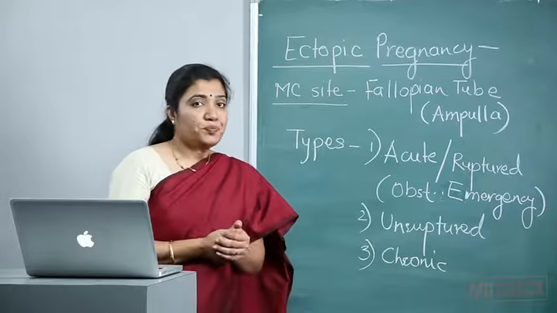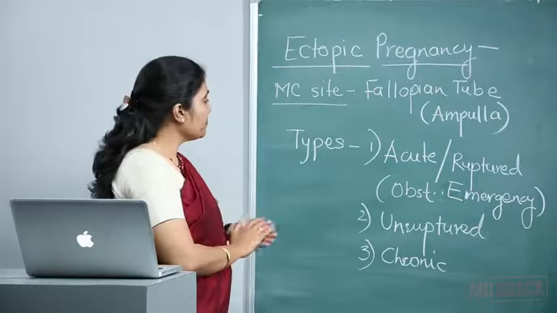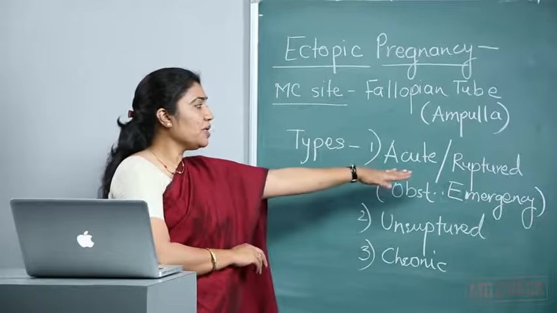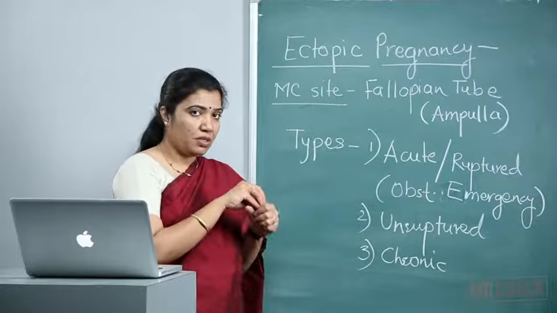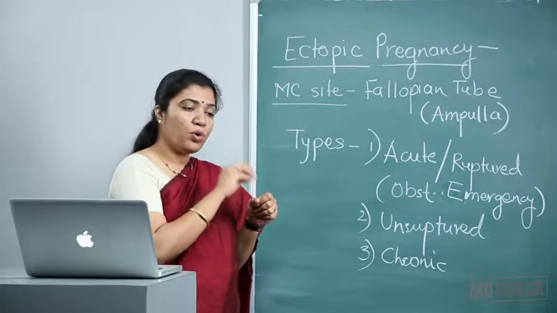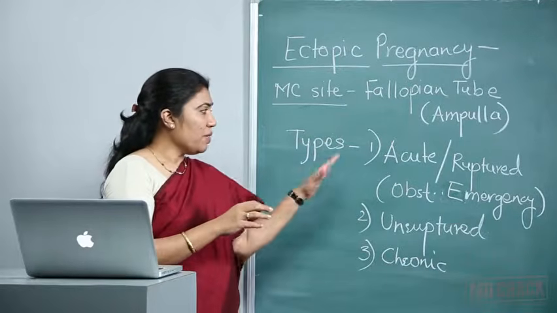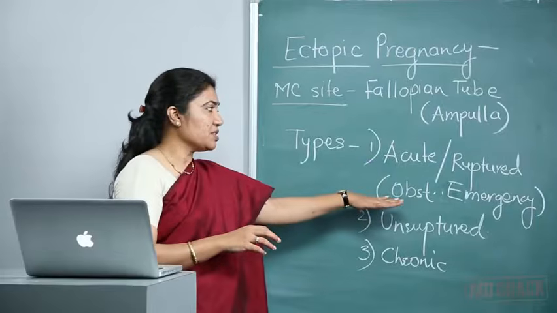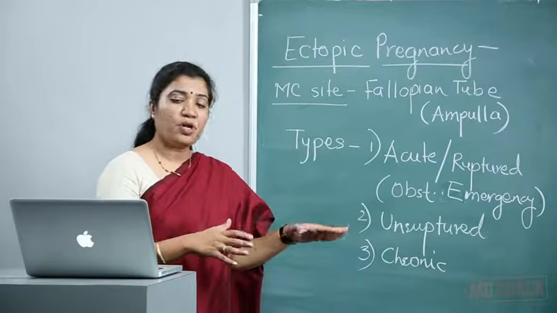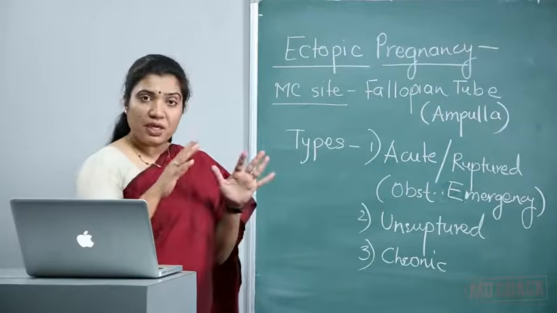Now let's see what are the types of ectopic pregnancy. Acute means ruptured ectopic. Ectopic in the fallopian tube or anywhere and the organ has ruptured. So you all imagine that this is an obstetric emergency. This is that adrenal rush phenomenon where the patient can be in shock.